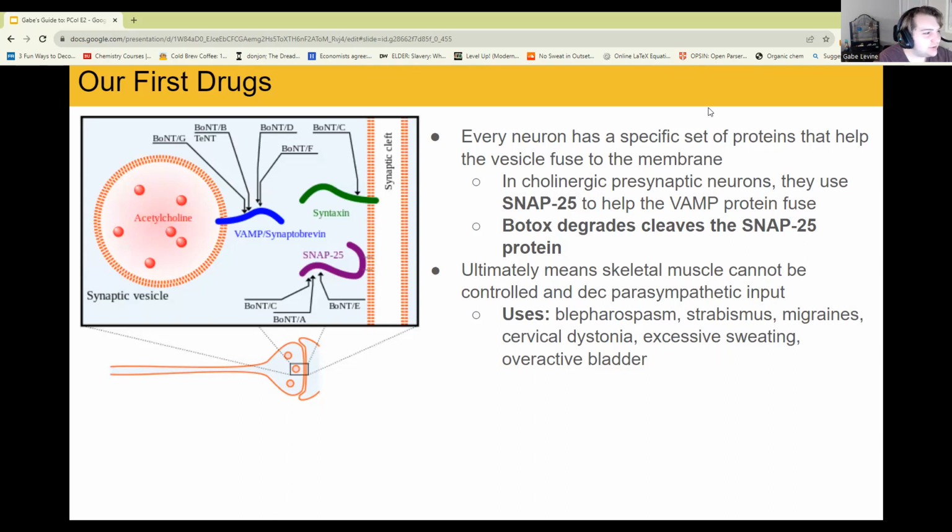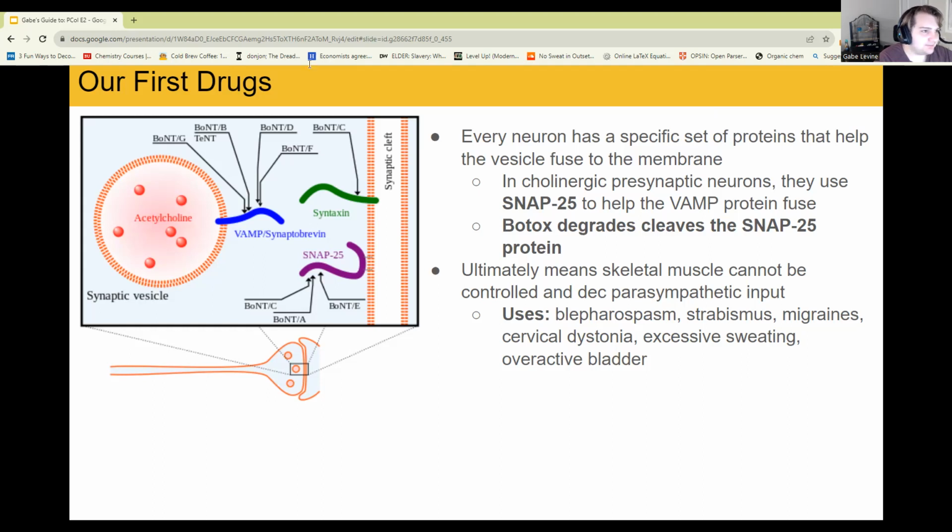And I believe that's using one of these other Botox neurotoxins, like C or F. I can't remember. But essentially we have both a decreased control of the skeletal muscle and then also a slight decrease of parasympathetic input.